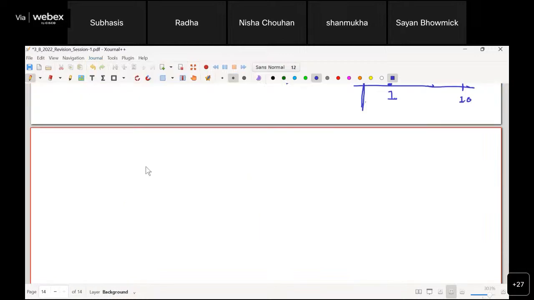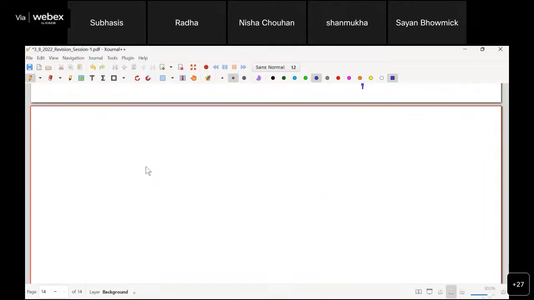It's the same thing for tan inverse: tan inverse x by x is also 1. So then we can reciprocate. It is basically the same thing: you just multiply by 2 and divide by 2, then basically you will get half.